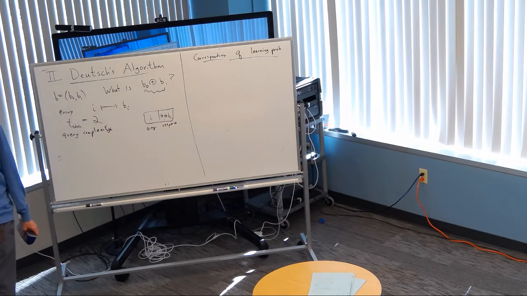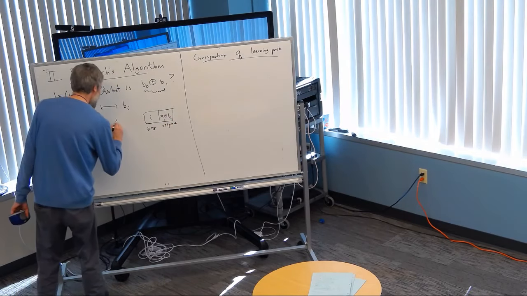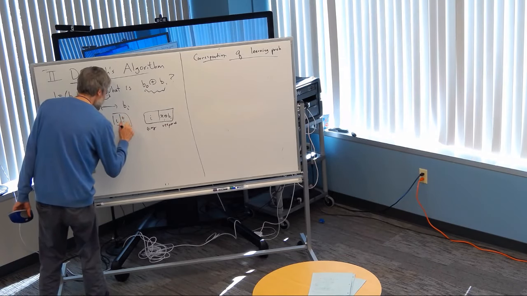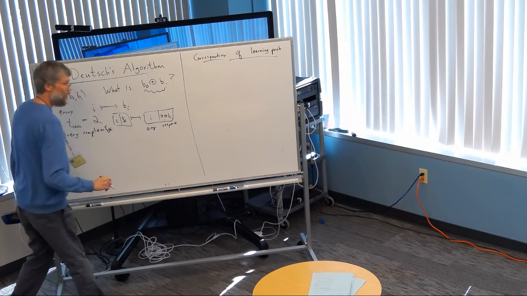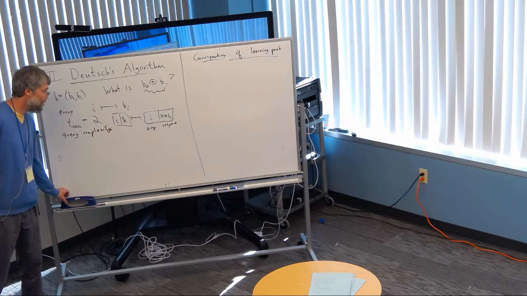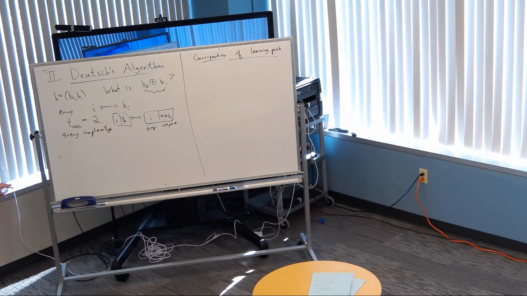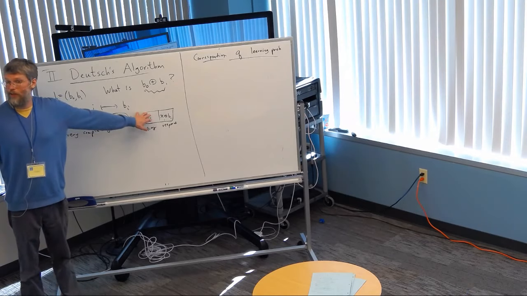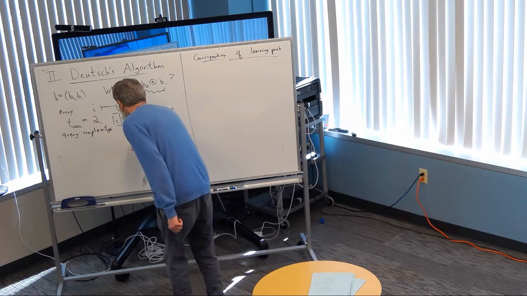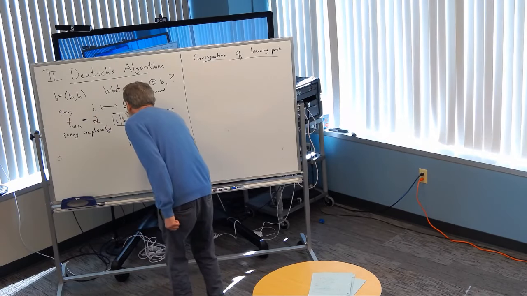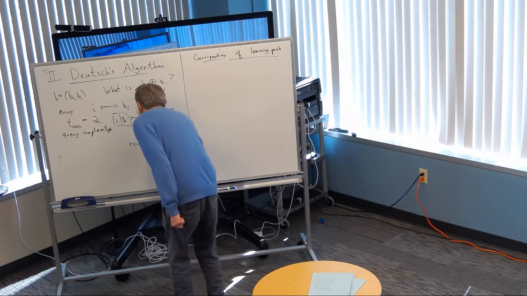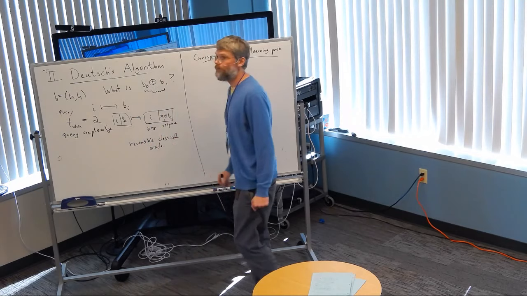So we're going to do I, X goes to I, X plus B sub I. You might call this a reversible version of the classical oracle. So this is a reversible classical oracle.